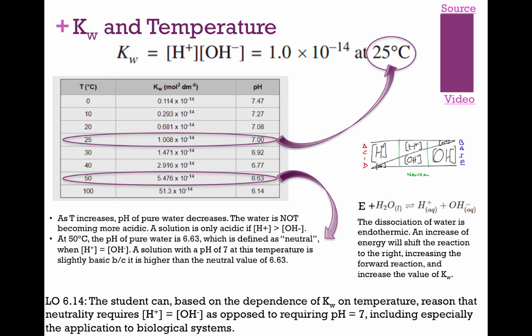Or that something is acidic, not because the pH is less than 7, but because the H plus concentration is greater than the OH minus concentration. Or if something is basic, it's because OH minus is greater than H plus. So it's just redefining what it means for something to be neutral, and it's just focusing on H plus compared to OH minus.